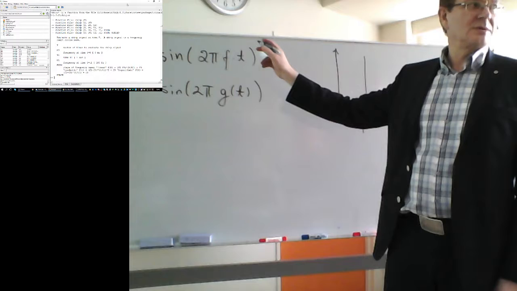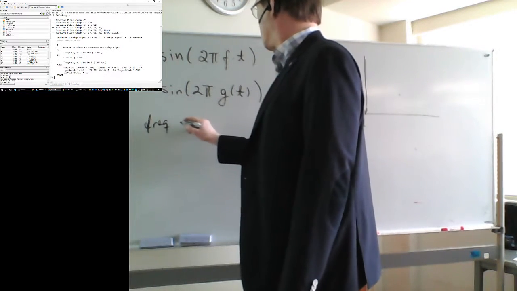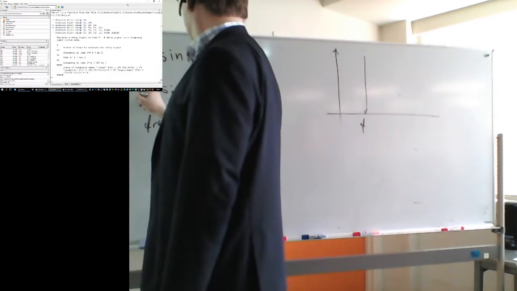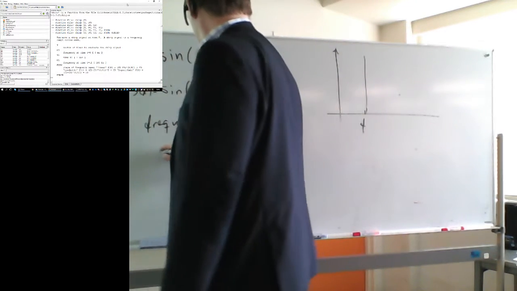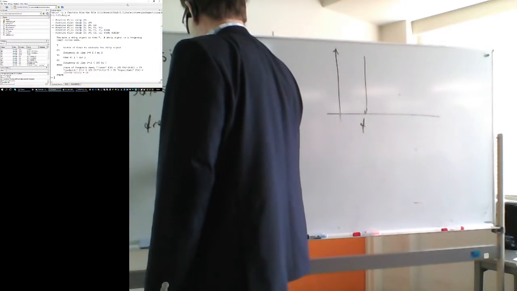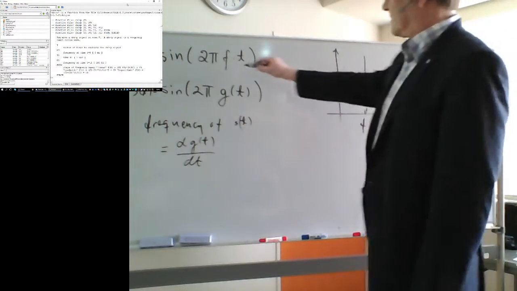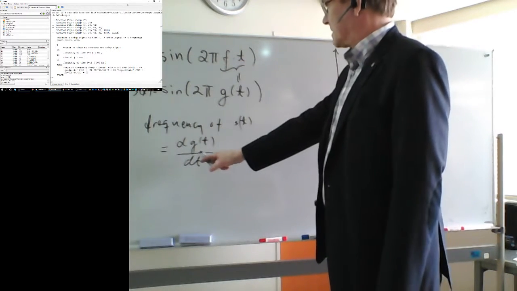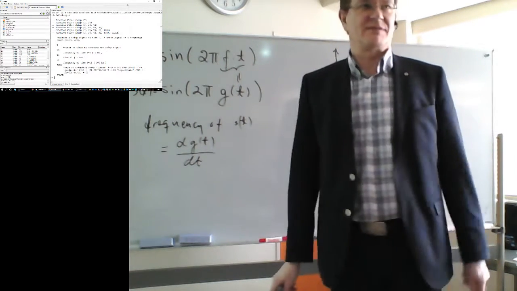That's the generating polynomial. So basically, the frequency of that equals dg(t) over dt. See, if you derive this one as a function of t, then you get just that constant f.